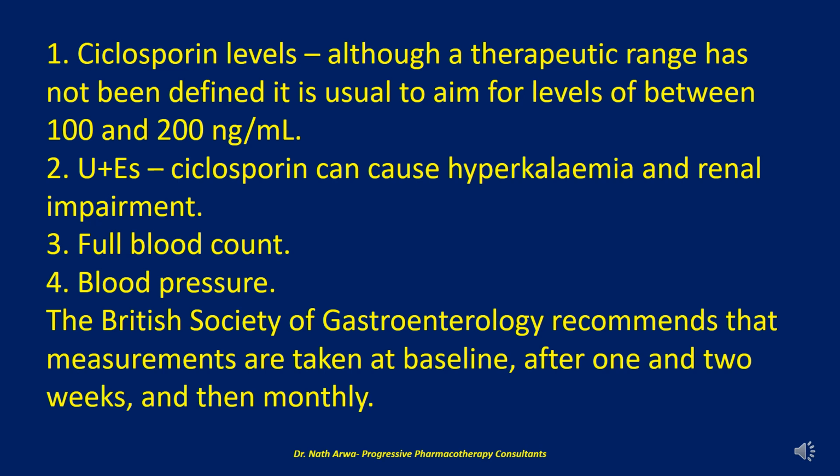U&Es. Cyclosporin can cause hyperkalemia and renal impairment. 3. Full blood count. And 4. Blood pressure. The British Society of Gastroenterology recommends that measurements are taken at baseline, after 1 and 2 weeks, and then monthly.